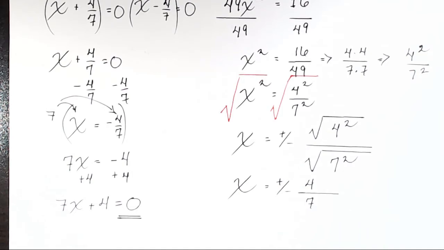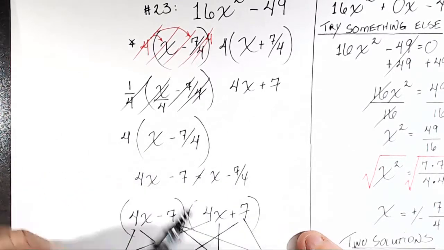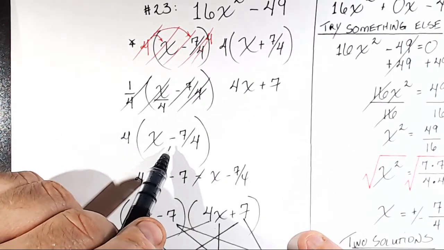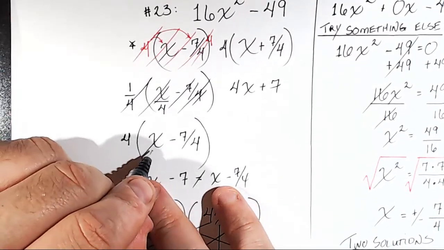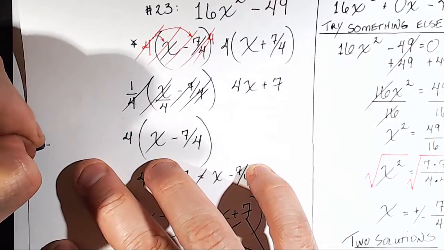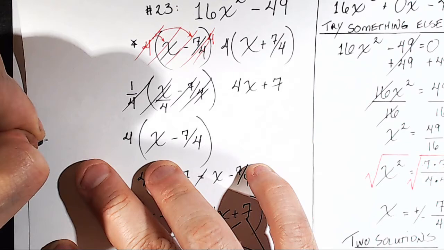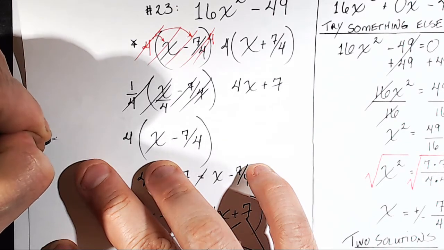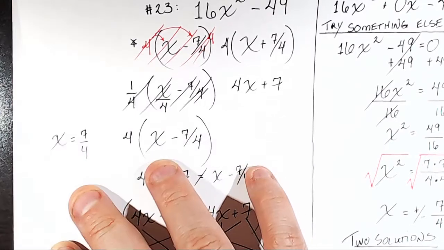Remember in that last problem, we were concerned because it seemed like we were pulling out that 4 and we weren't doing anything with it, right? It seemed like we were breaking the laws of mathematics. Well, remember, here we could have x equals 7 over 4.